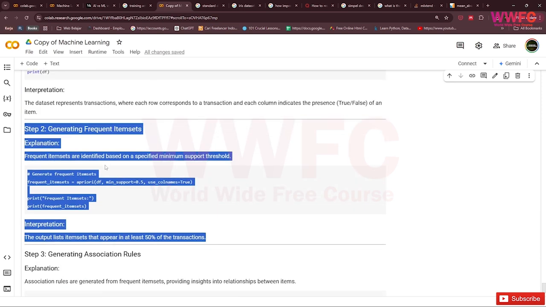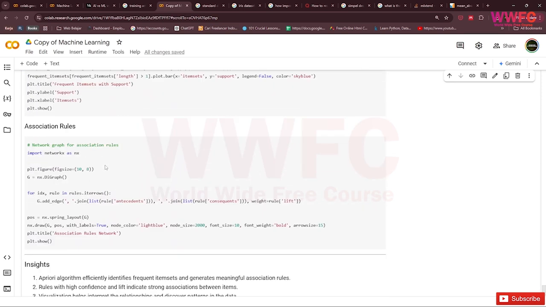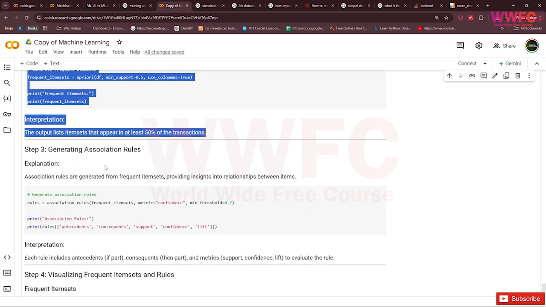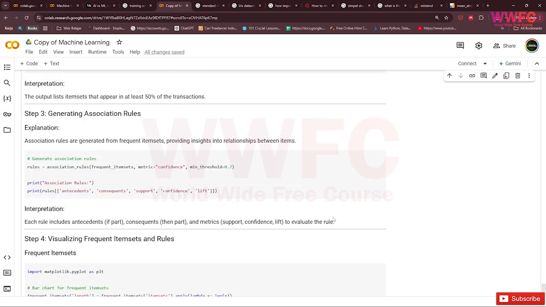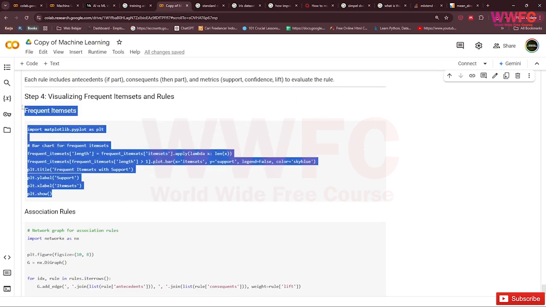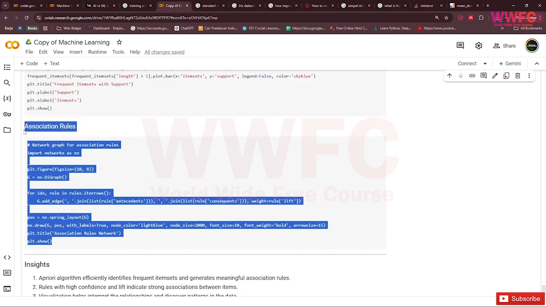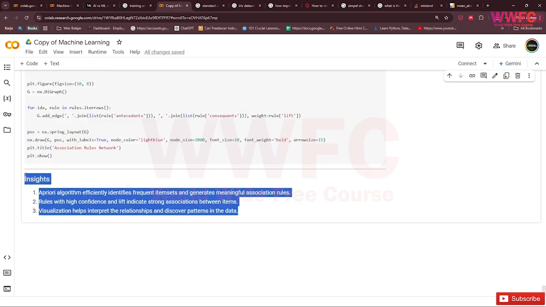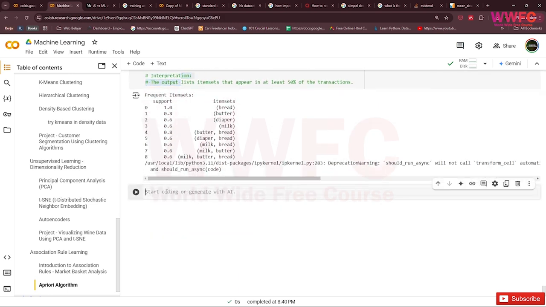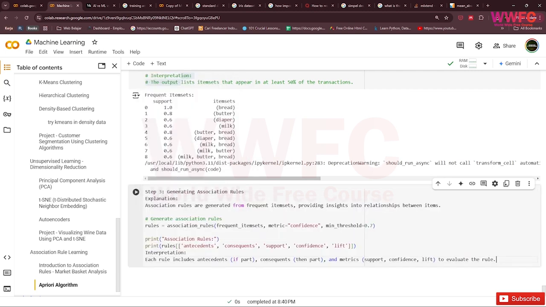And then we use this for generating association rules. So we use step 3. Step 3 is generating the association rules. Association rules are generated from frequent item sets, providing insights into relationships between items.